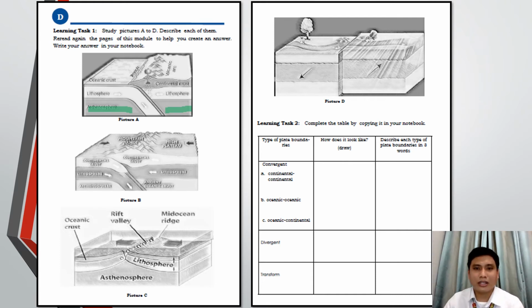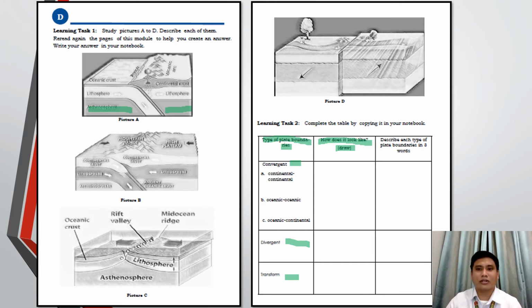For learning task number 2, you will just complete the chart. The chart is about the types of plate boundaries. So we have three types: the convergent, divergent, and of course transform. For the second column, how does it look like? So you are tasked to draw, for convergent, one drawing only.